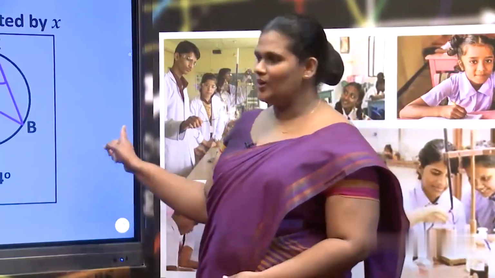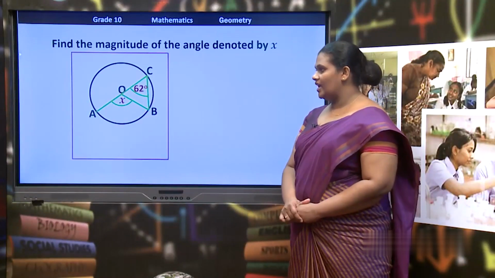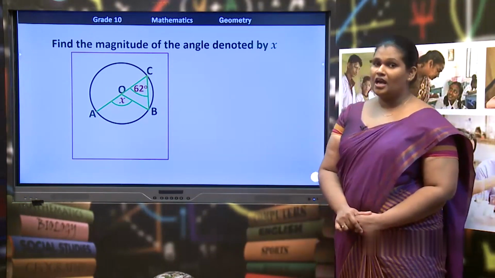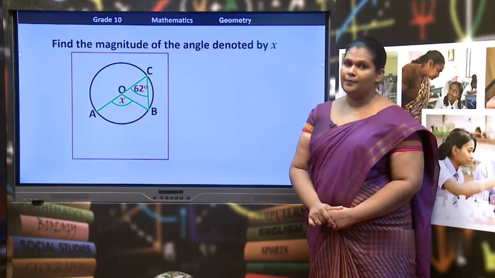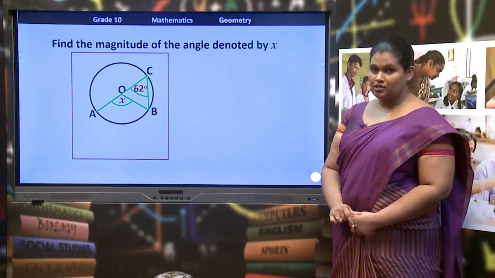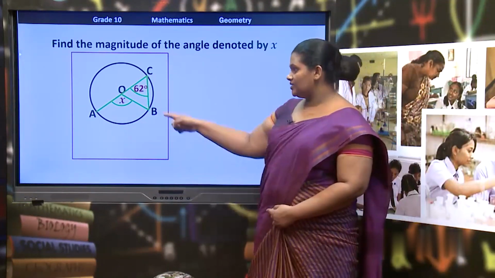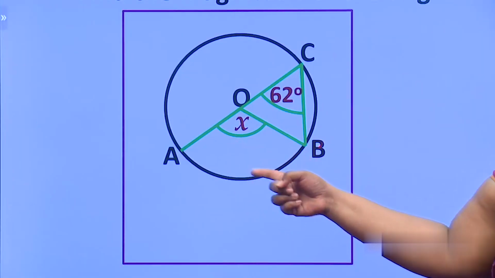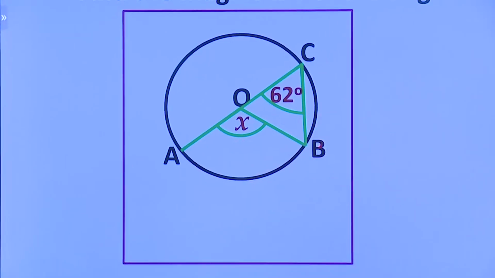Right, have a look at this one. Once again I have a circle with center O and I have marked 3 points on the circle. Those are A, B and C. Right, once again I have to find the magnitude of x. So we can see x is the angle subtended by the minor arc AB at the center of the circle.